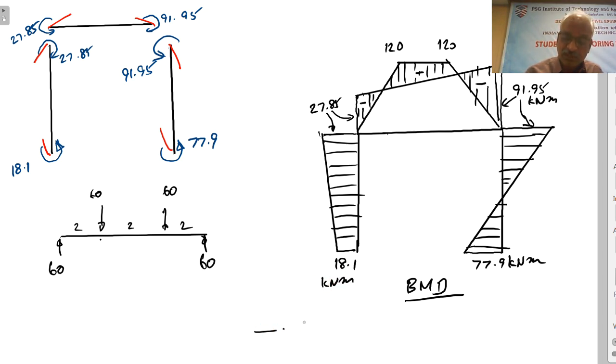This is how we draw the support moment diagram, superimpose the simply supported moment diagram, and get the final bending moment diagram. That completes the analysis, using a different approach for the shear force calculation. That would become a little elaborate; now this is simple, straight away applying the shear equation. So we have done one more problem on portal frames with side sway. Thank you.